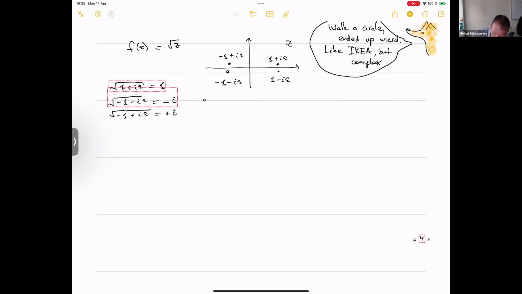You can right away open the Python terminal and ask for the square root of minus 1 minus 0.001j.